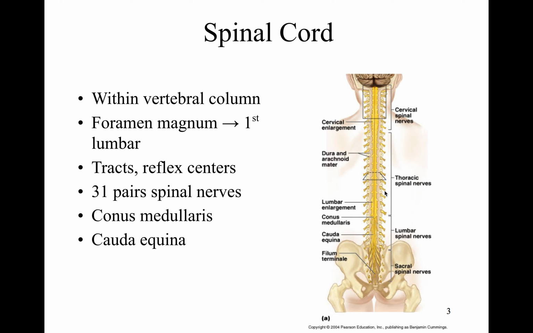The spinal nerves leave the vertebral column via the intervertebral foramen, which are just holes in the vertebral column allowing those spinal nerves to exit and innervate the periphery of our bodies.